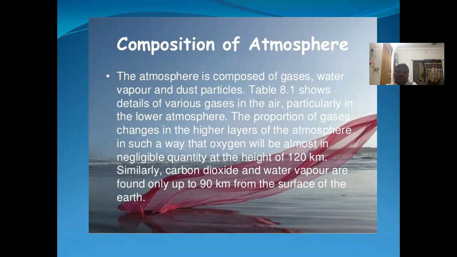The proportion of gases changes in the higher layers of the atmosphere, such that oxygen will be almost in negligible quantity at the height of 120 kilometers above. Similarly, carbon dioxide and water vapors are found only up to 90 kilometers from the surface of the earth.